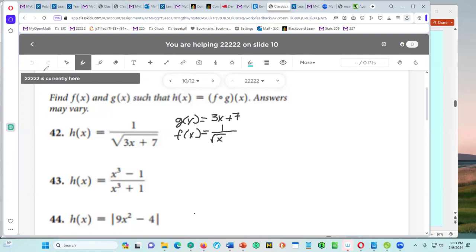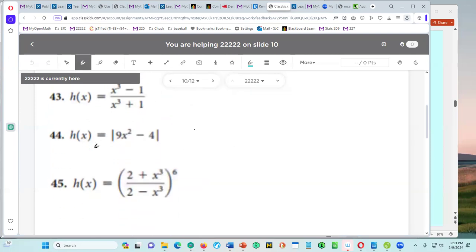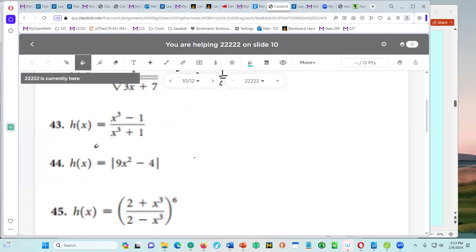But maybe someone else can help out there and see what's going on with 43, because traditionally in this activity, it's the nastiest problem of all of them. Even though the ones on slide 11 look scary, they're easier than number 43.